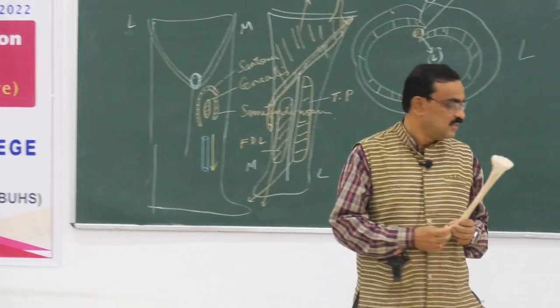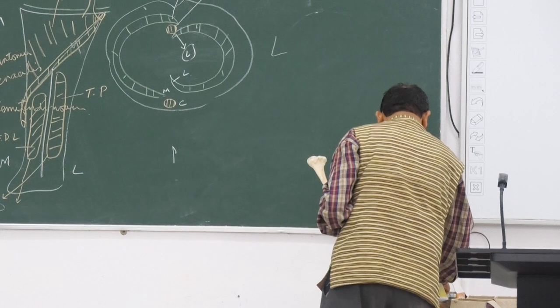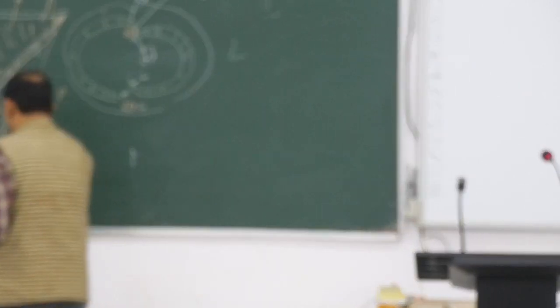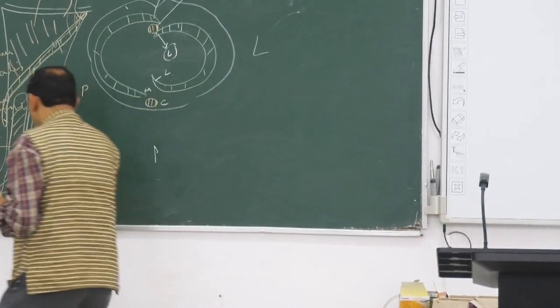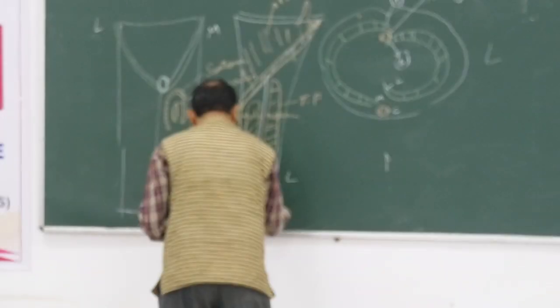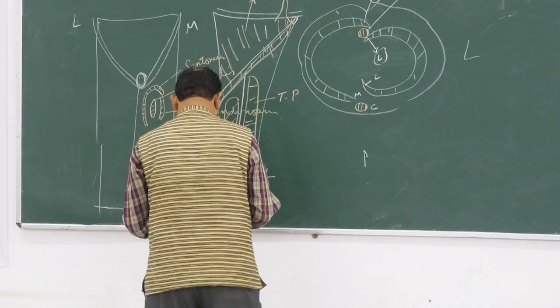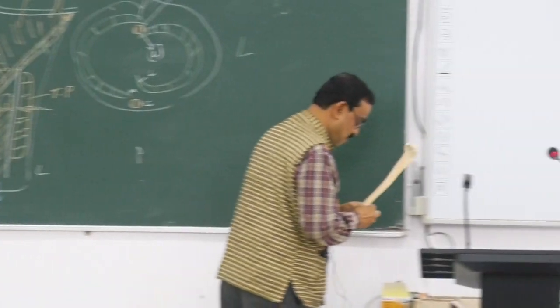Then we will get one vein, one artery, one vein, one nerve, and again one tendon.